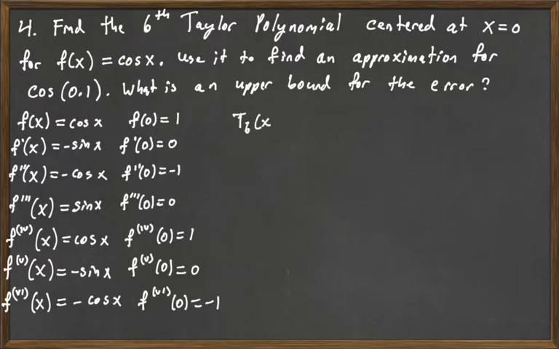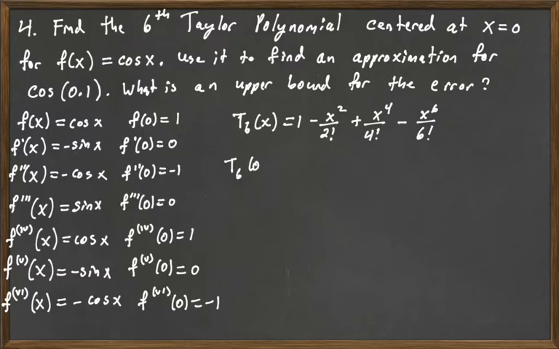So our 6th-degree Taylor polynomial is going to be 1 minus x squared over 2 factorial plus x to the 4th over 4 factorial minus x to the 6th over 6 factorial. And so we're going to use this polynomial here to make an approximation for the cosine of 0.1.